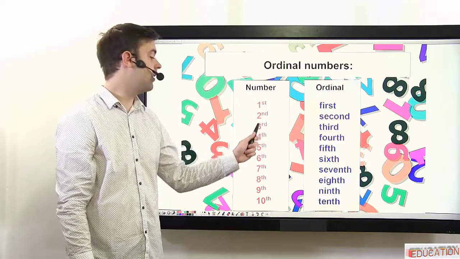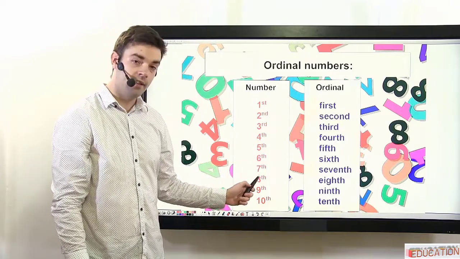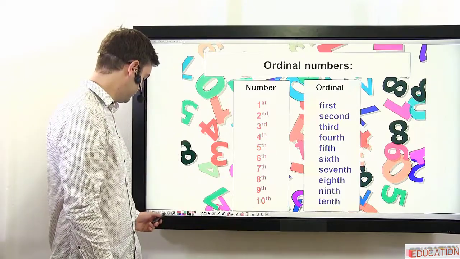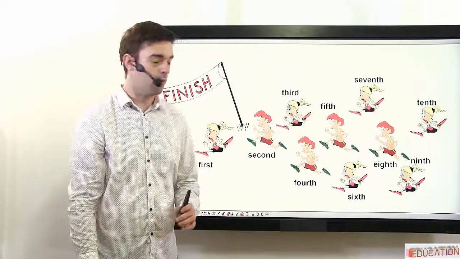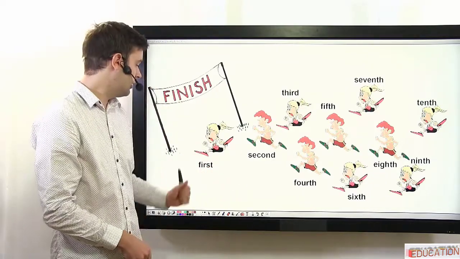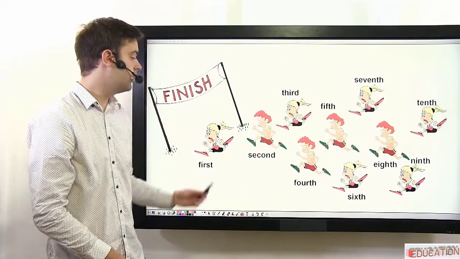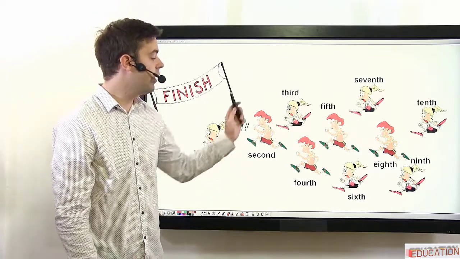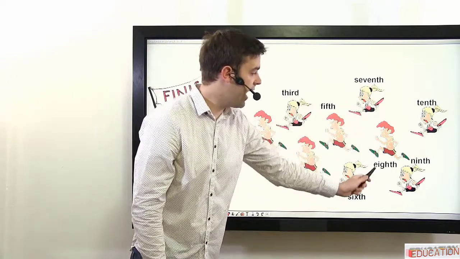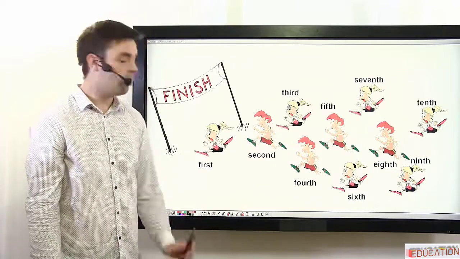First, second, third, fourth, fifth, sixth, seventh, eighth, ninth, and 10th. So, when we're in a race, your position is like this. First, number 1. Second, number 2. Third, fourth, fifth, sixth, seventh, eighth, ninth, and 10th. That's the order.